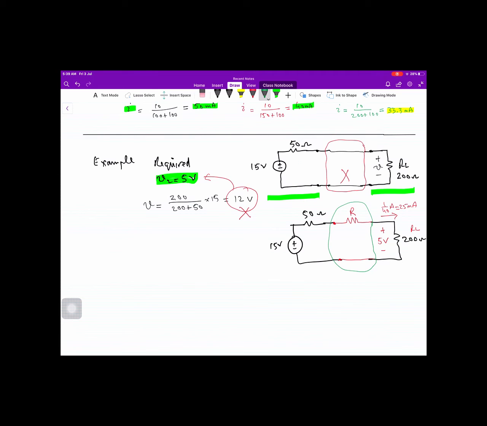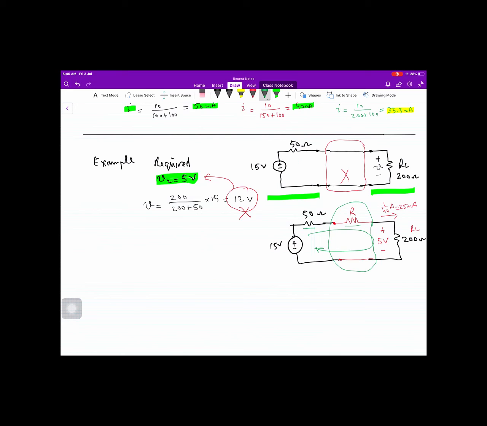Now, we see a single mesh over here, and in this single mesh the same current is flowing through the 50 ohm resistance, the interface resistance, and the load as well. We write a mesh equation.